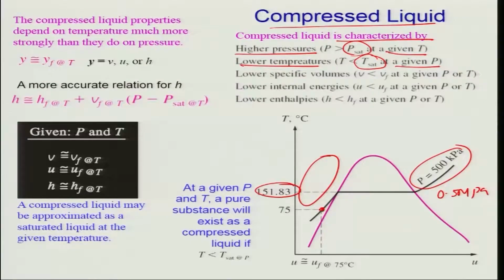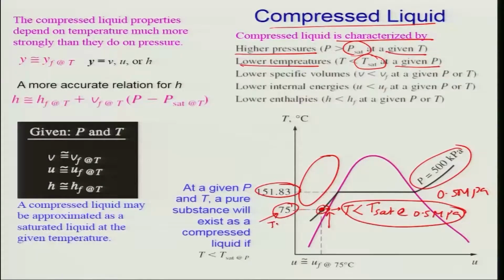At this system the temperature is 75, but this is at the same pressure, and thus the T here is less than T sat at 0.5 megapascal. So this is the condition of your compressed liquid. Let's again look at this point here. If you take this T, and you want this to be T sat, then what would be the corresponding pressure?